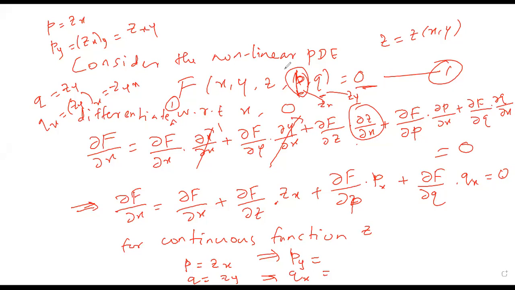So we got here zxy. Similarly, this is zyx. Since these are continuous functions, we should therefore have px equal to qy. Sorry, py is equal to qx. Other way, okay.